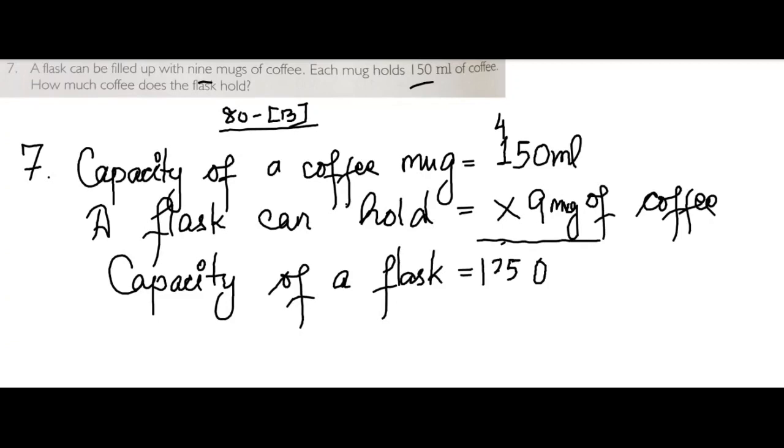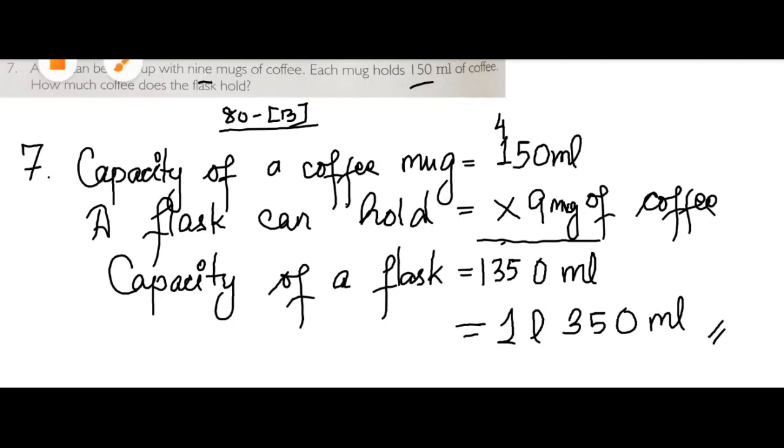So our answer is 1350 ml. Capacity of the flask is 1350 ml, or you can write 1 liter 350 milliliters. So we have got the capacity of the flask, children. I hope this one is clear to you all.